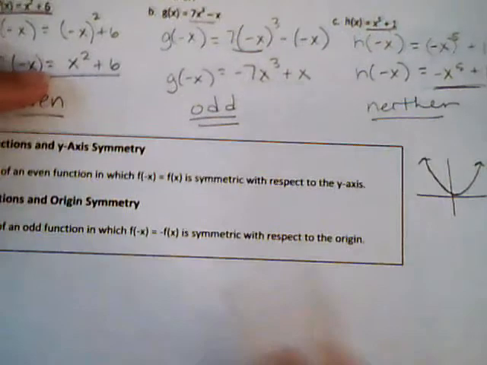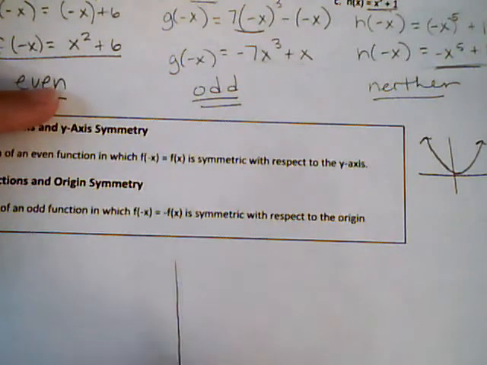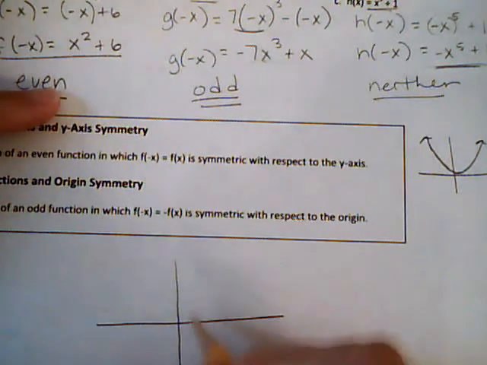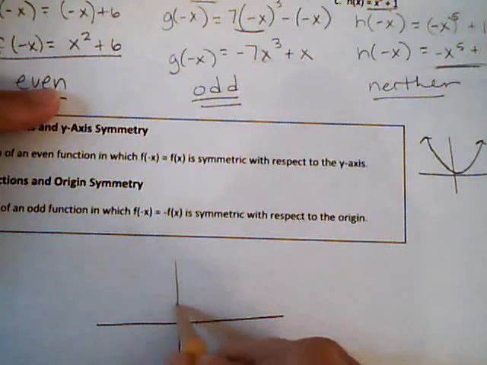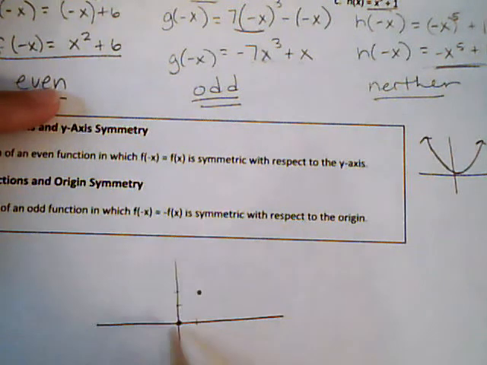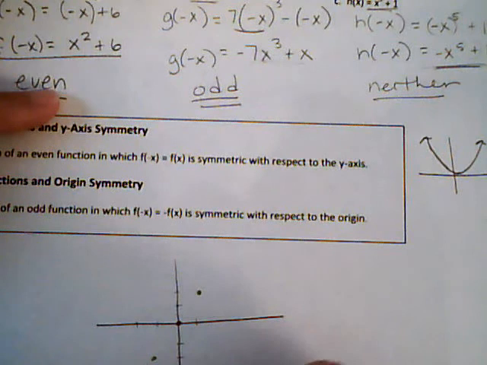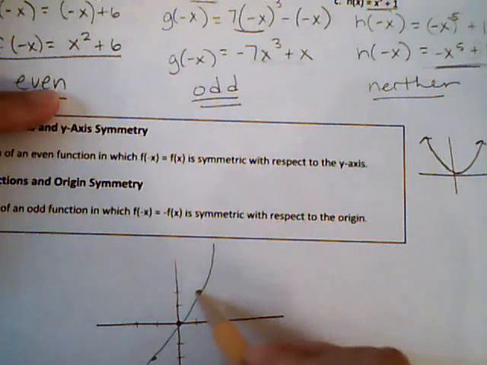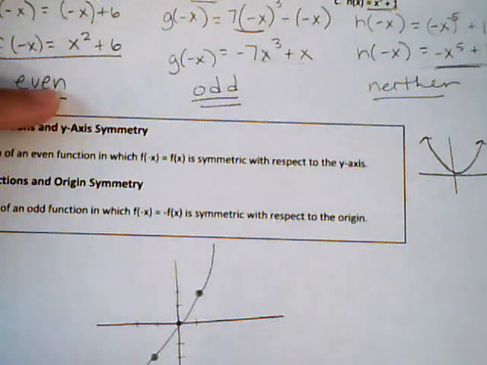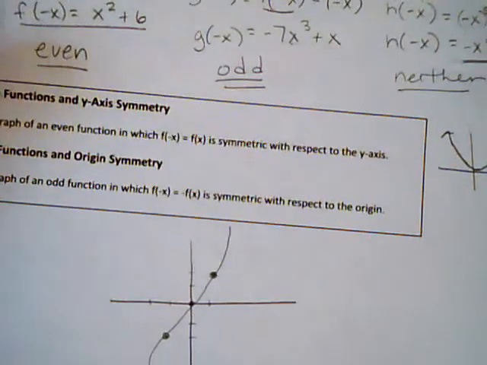An example of that would be if I have, let's say, a graph that has a point of (1, 2), and we'll say (0, 0), then it also has a value of (-1, -2). It may curve. If it has the same distance from the origin or is symmetric about the origin, we say that it's an odd function.